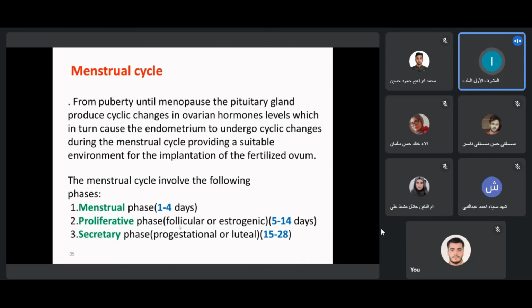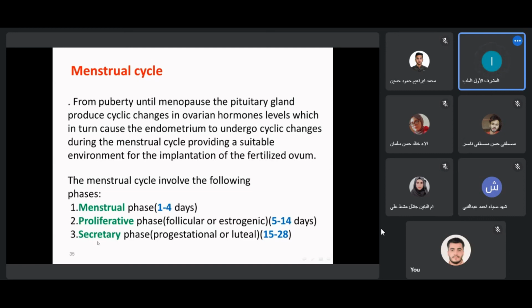We said the first part of the ovarian cycle, which is approximately 14 days, is the period of predominant follicular growth and development, in which the predominant hormone is estrogen. Therefore, the proliferative phase is also called the follicular or estrogenic phase. And this lasts from day 5 to day 14, until the day of ovulation.